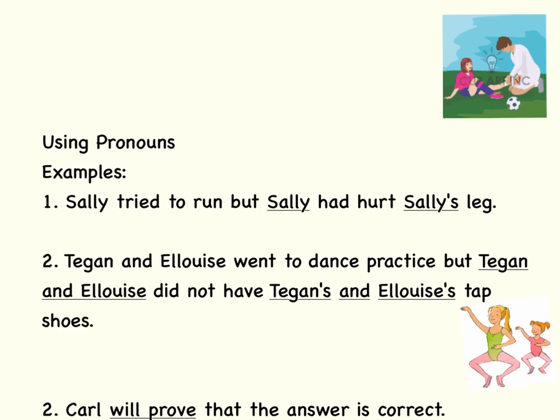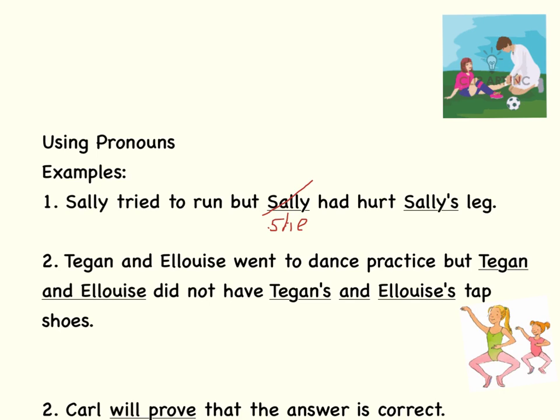Okay, let's get our pen and start to fix this up. So, Sally tried to run, but... and if we put a line through Sally, we can change that to a pronoun, she.